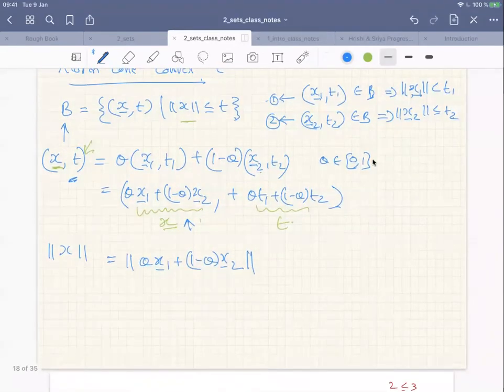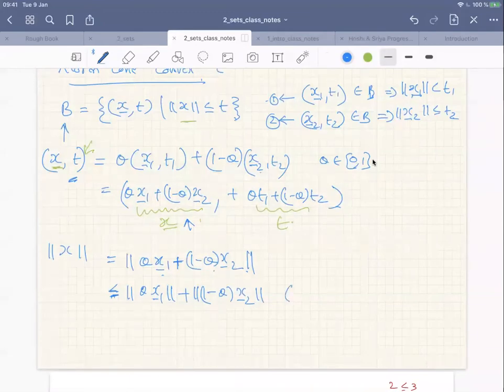Now what you have is a sum of two terms inside a norm. So then just go for the triangular inequality: norm of theta x1 plus 1 minus theta x2. This is not equal, this has to be less than or equal to.